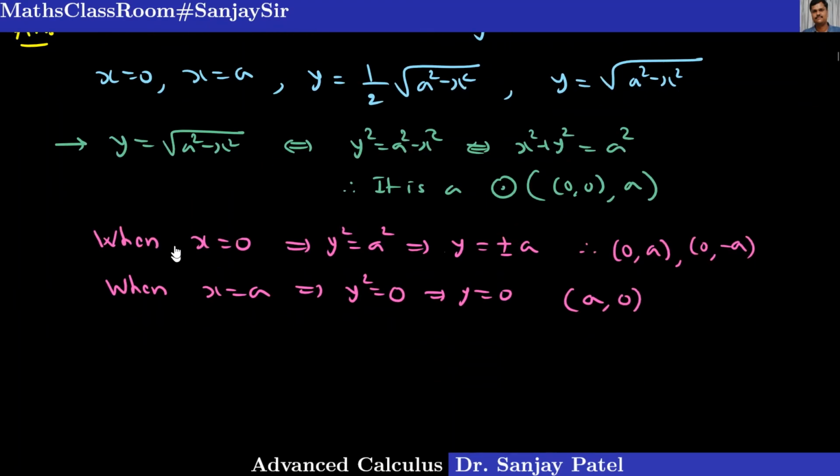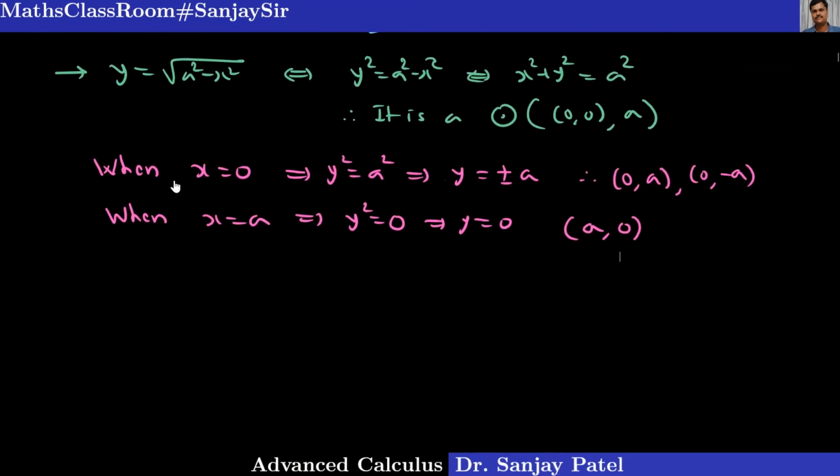Let us do the same for the second curve and see what the second curve actually is. The second curve is y is equal to 1 by 2 times square root of a square minus x square.